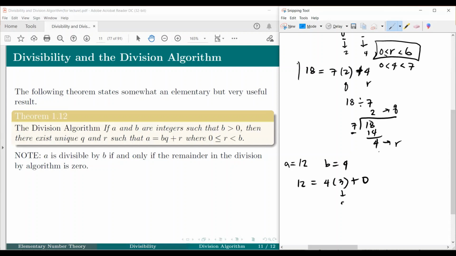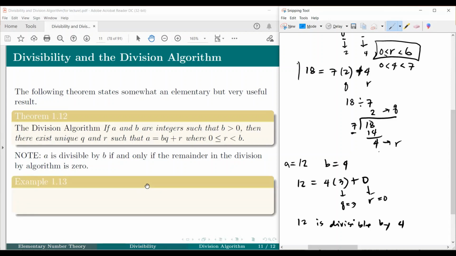Here, our quotient Q is 3, and our remainder is 0. Hence, we can say that 12 is divisible by 4.